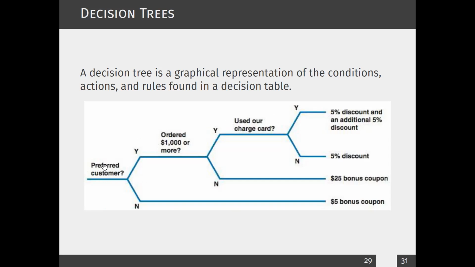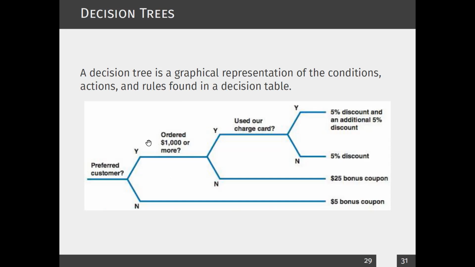But if the person is not a preferred customer, we directly know the outcome. And you need to get $5 bonus coupon. So you can see, compared to decision table, this is more compact.